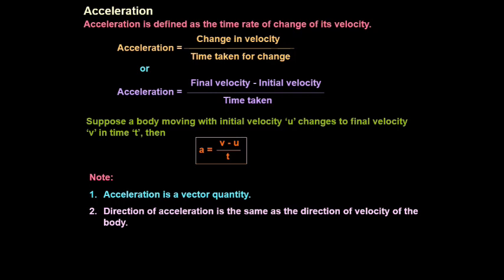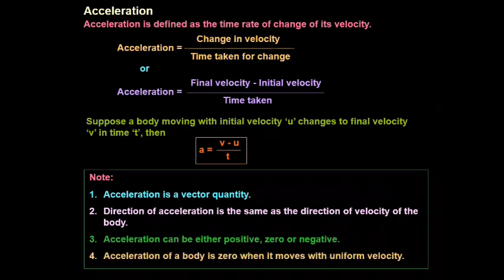Acceleration is a vector quantity. Direction of acceleration is same as the direction of change of velocity, and acceleration can be either positive, 0 or negative. 0 acceleration means the body is moving in a uniform velocity, and negative acceleration means the body is decelerating or retarding.